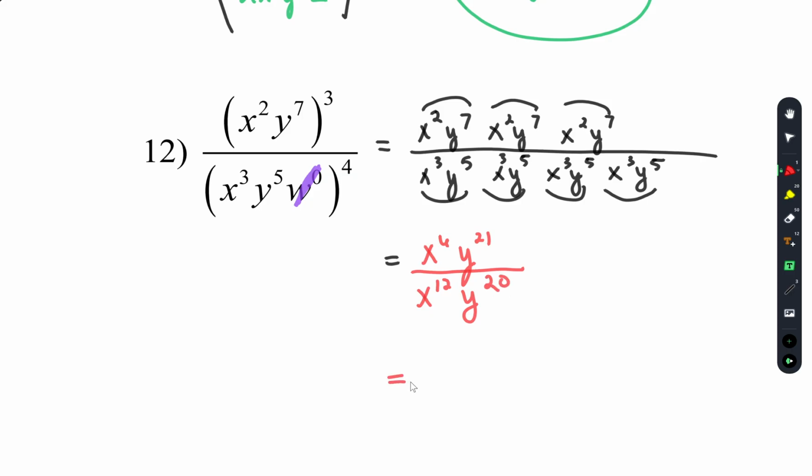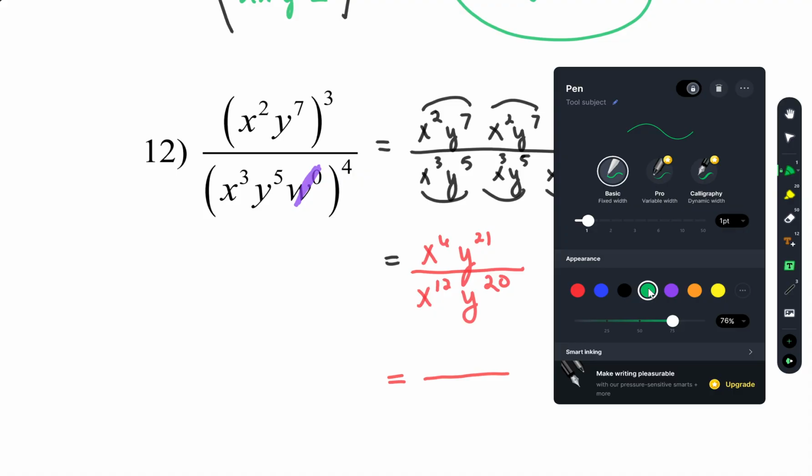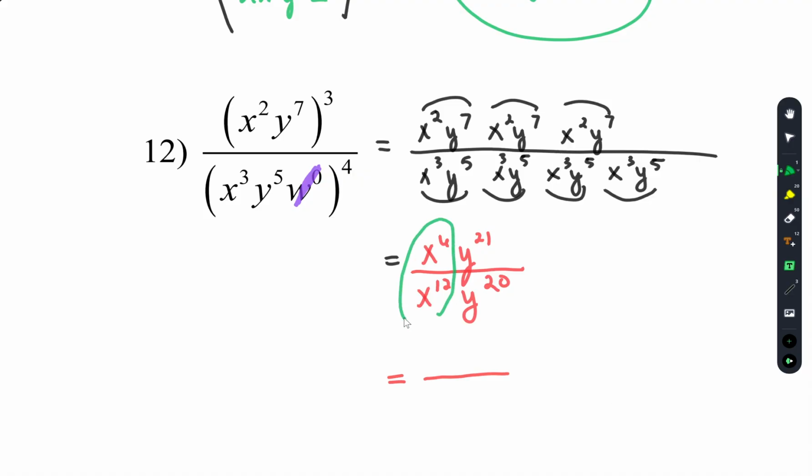Okay. Now what we're going to do is we have x's on the numerator and denominator. If you compare the x's, the denominator has more. How much more? 6.